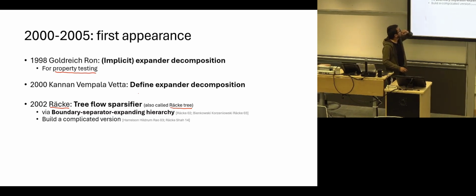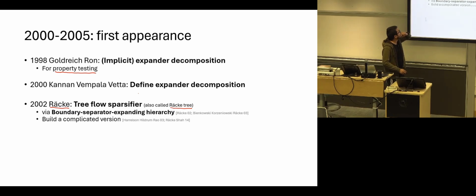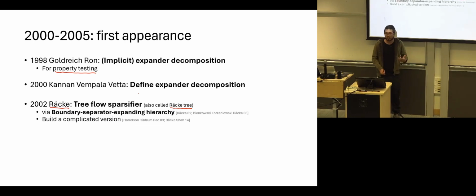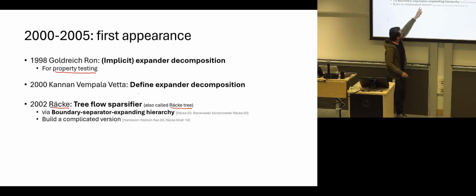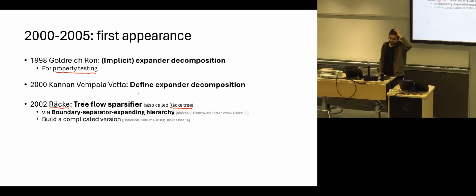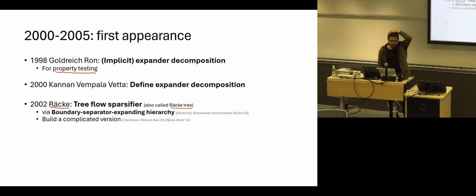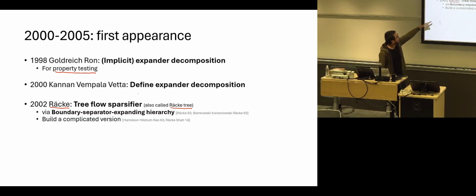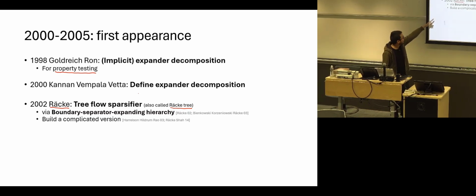The construction, which is based on the boundary-linked expanding hierarchy, the BLE hierarchy, was already shown in his first work. At that time, I think he got the best paper award at FOCS or STOC for this work.